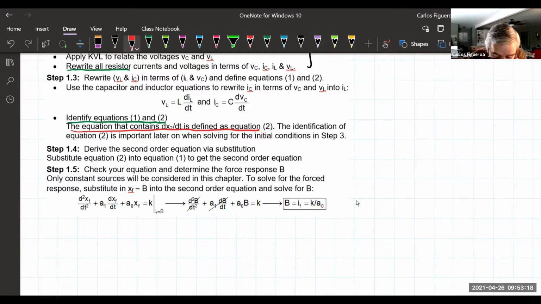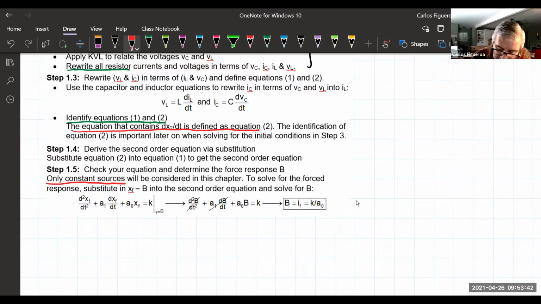Since we're only dealing with constant sources, that means that the steady state of whatever I'm looking at must be a constant. So I'm going to call that steady state equal to B. If I substitute in there, the first two terms on the left have to be 0.